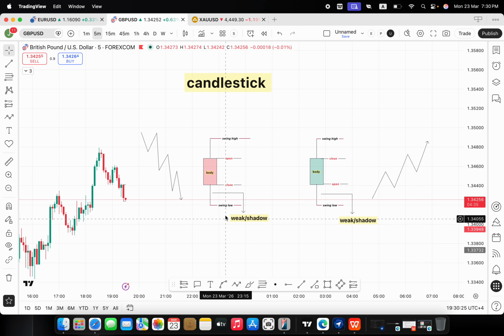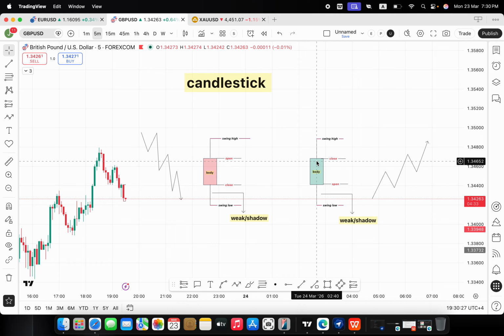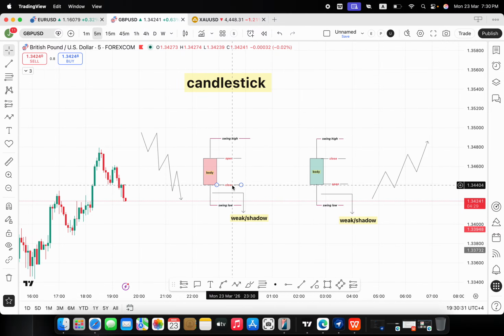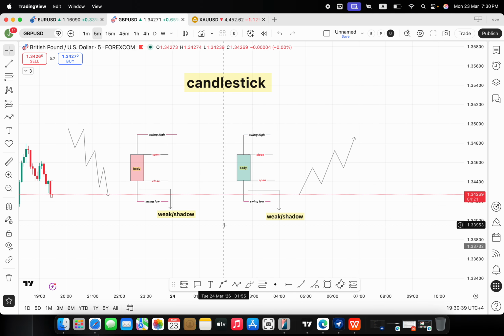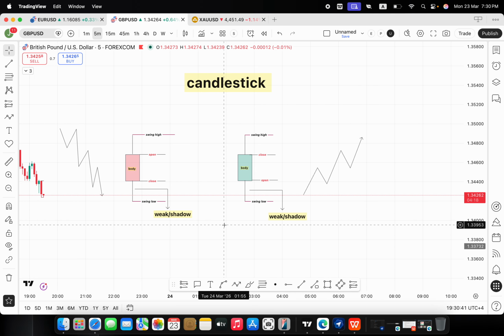So the bullish candle and the bearish candle, what differentiates the two of them is the open and the close. Okay? The open and the close of each candlestick. That is what differentiates them.